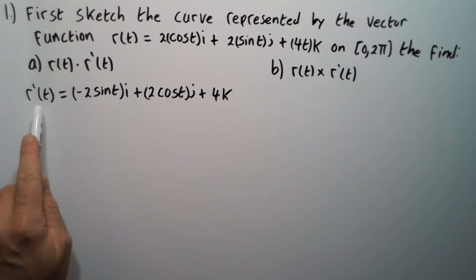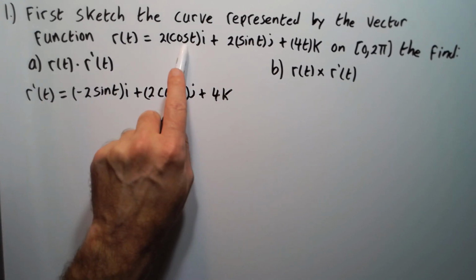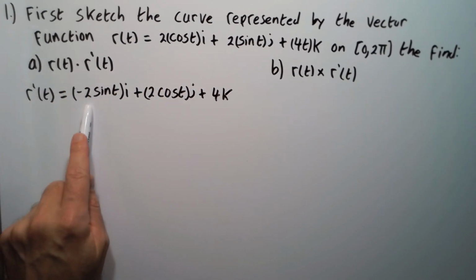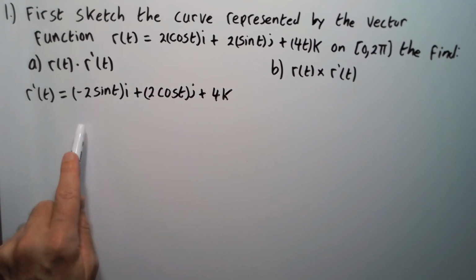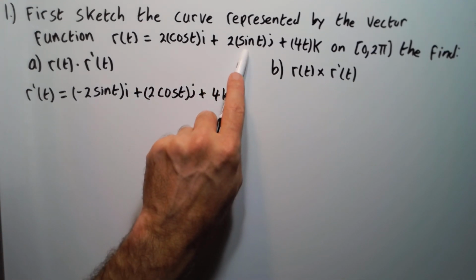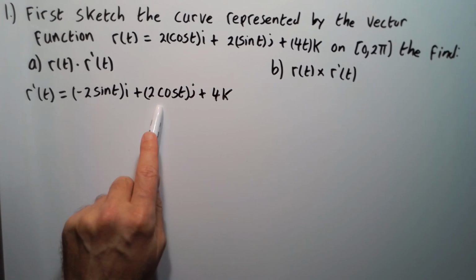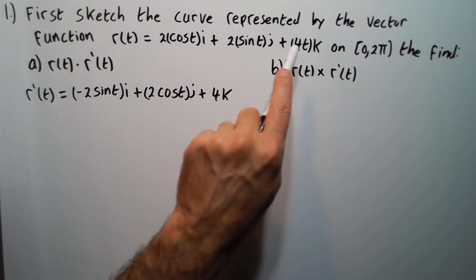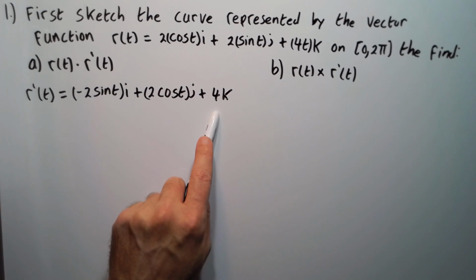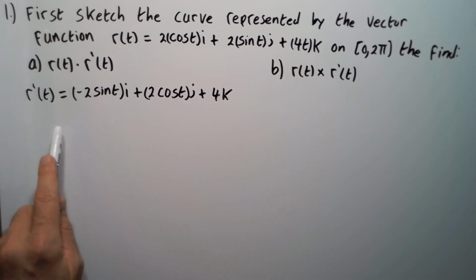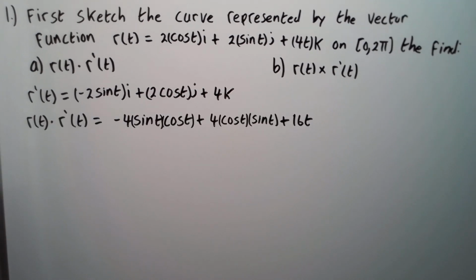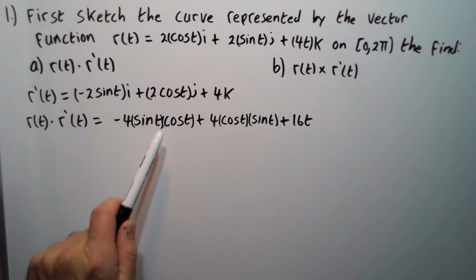Now let's dot our r prime with the r, so it'll be 2 cosine times minus 2 sine, so it'll be minus 4 sine cosine. That'll be 2 sine t times 2 cosine t, so it'll be 4 cosine sine, and 4t times 4 will be 16t. So dotting, we get this.